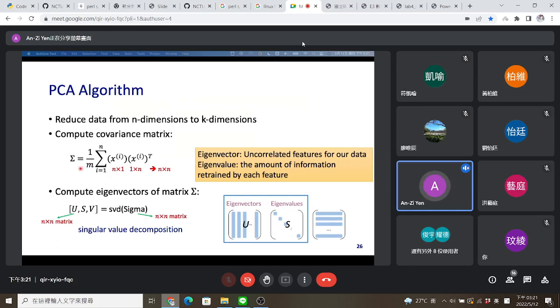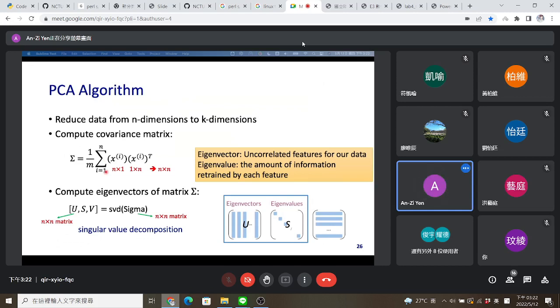The Greek alphabet sigma looks exactly like the summation symbol. But remember, the Greek alphabet sigma is used to denote the matrix, and this is a summation symbol. So this is the covariance matrix, and this is the summation symbol.